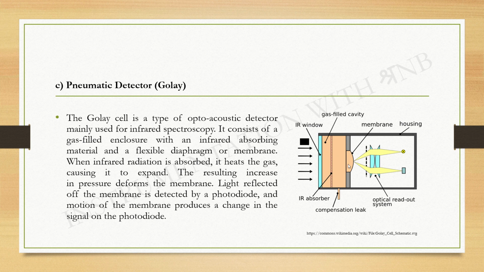So there will be a pressure on the membrane, right? Due to the deformation of the membrane, the radiation will also get reflected, and this reflected radiation is detected by a signal produced in photodiodes.